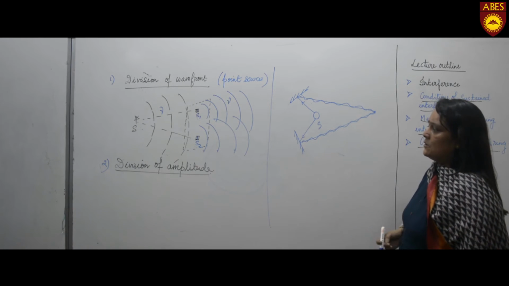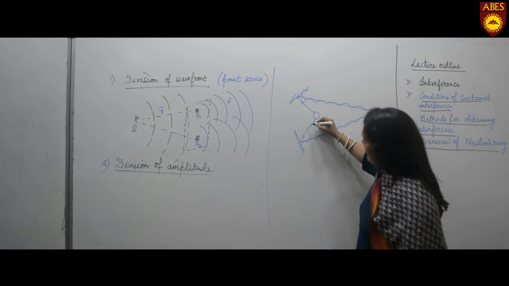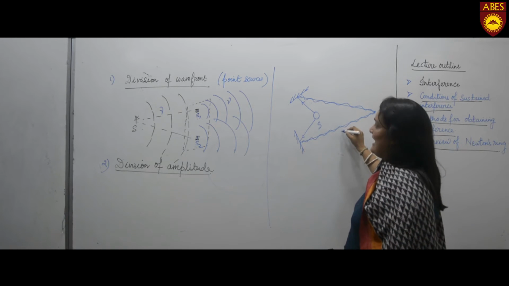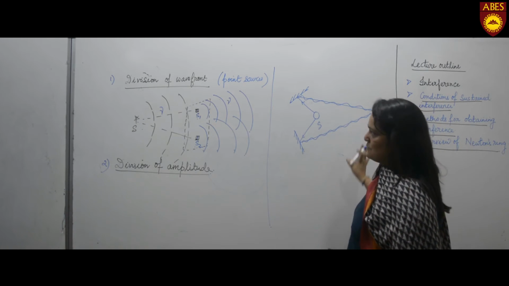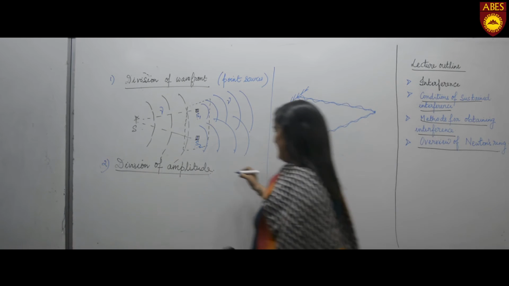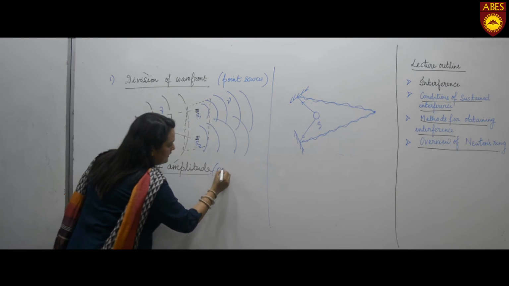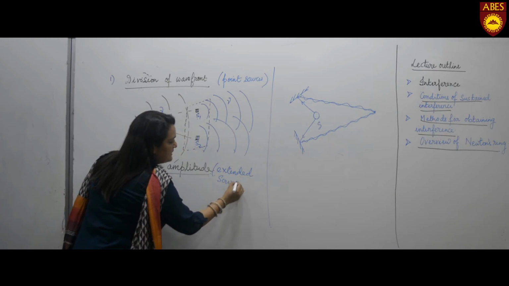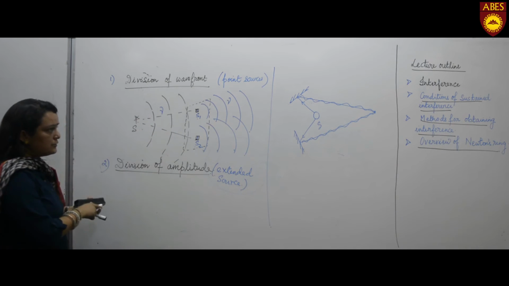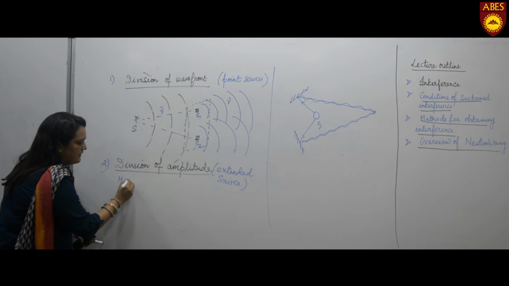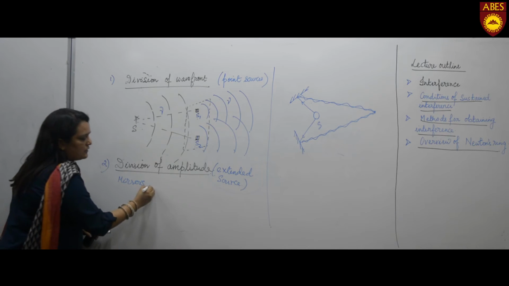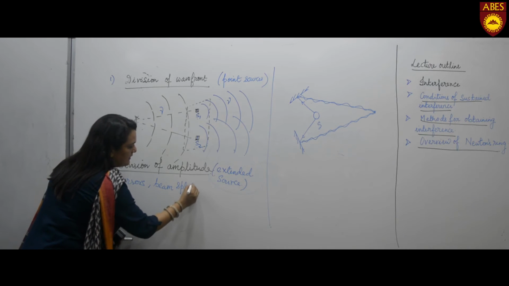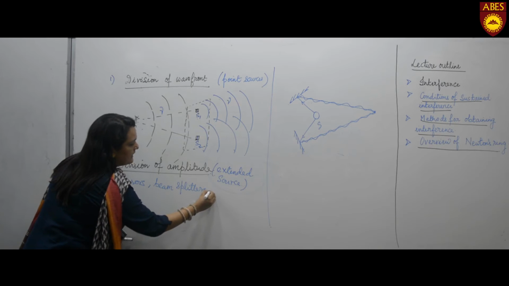Now in this arrangement, what we have actually divided our intensity or amplitude into parts, and they reunite to produce superposition pattern. Now this is practically true for extended sources and can be achieved through mirrors, through beam splitters, etc.